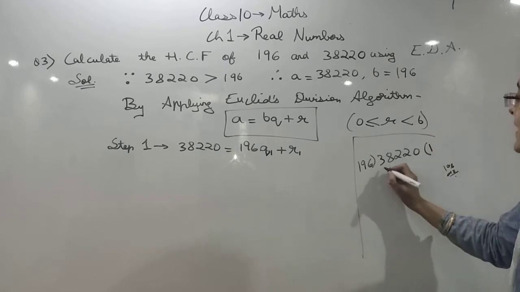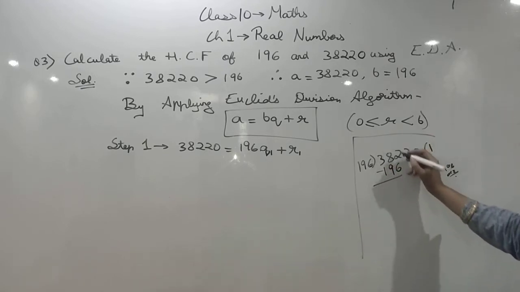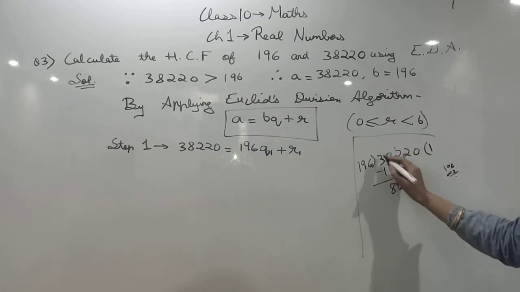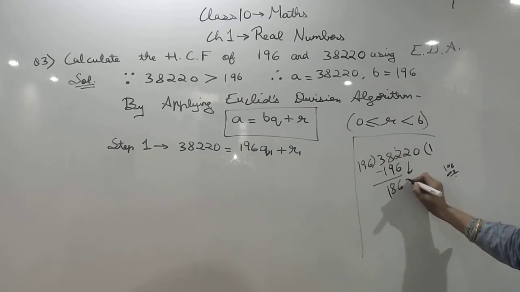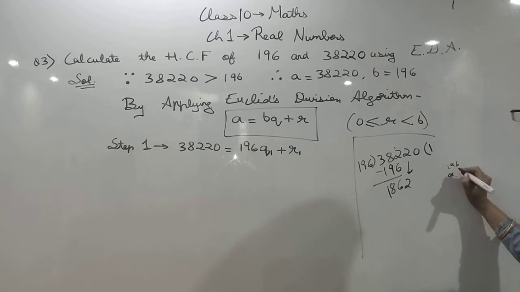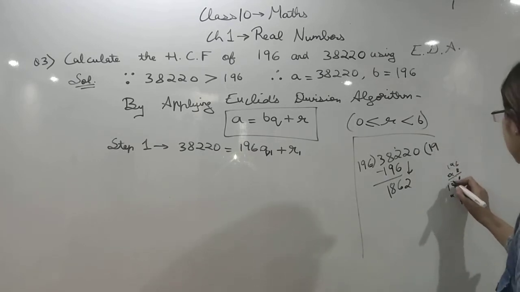We will use 196. What will come? 1862. Then again check by what number it will go. It will go by 9. 196 into 9.